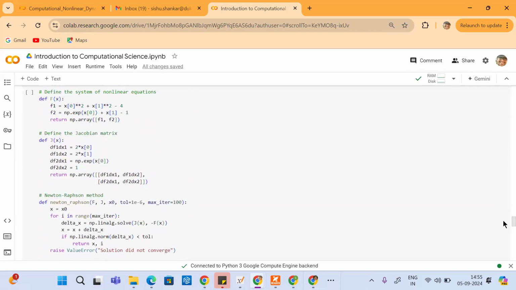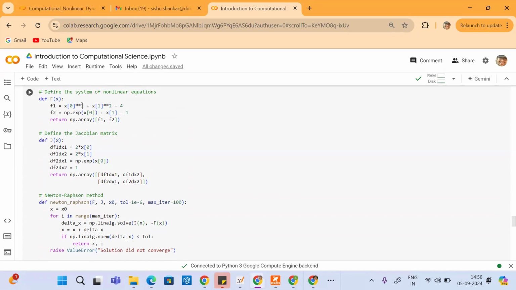Let us see this equation over here. So I am defining the exact same thing which I have written down on the board. So you can see it is x0 squared, x1 squared. So x is a vector over here. The first element of the vector is the x component. The second element of the vector is the y component, that is the x2 variable in your equation.